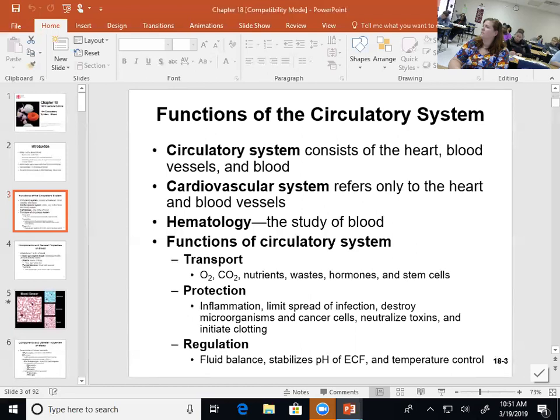You might not think about blood as playing a part in temperature control, but it absolutely does. Water is a great thermoregulator. It's a great way for us to conserve or get rid of heat when we need to. So when it's really hot outside, what do you see these veins doing?